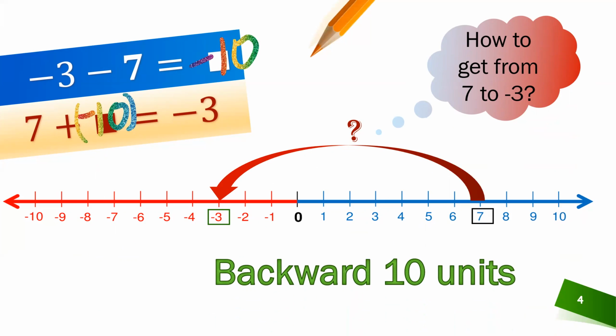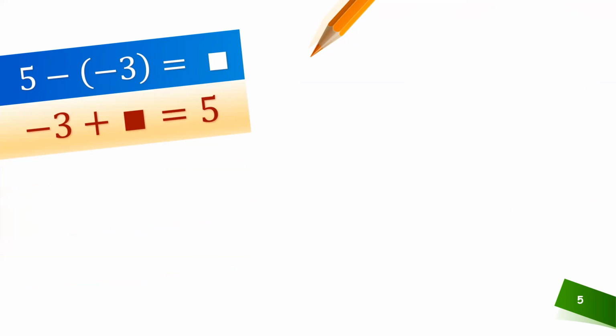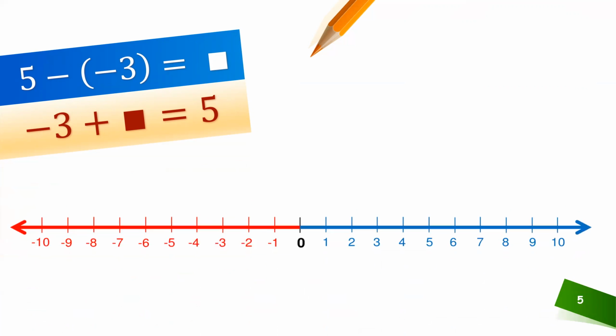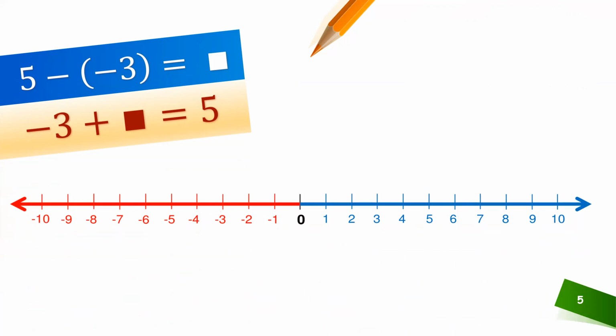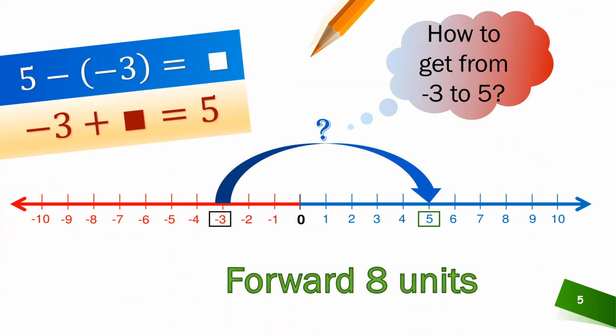Okay, let's try another one. 5 minus a negative 3 is blank. By definition, negative 3 plus blank is 5. Here's my number line. Starting at negative 3, I need to get to 5. How do I get there? Forward 8 units.